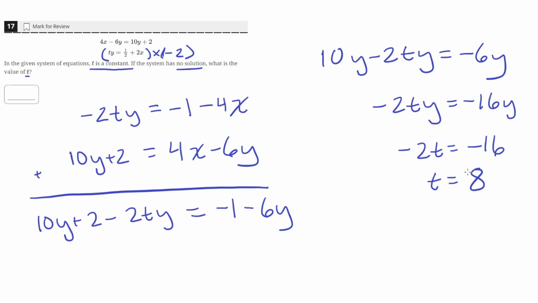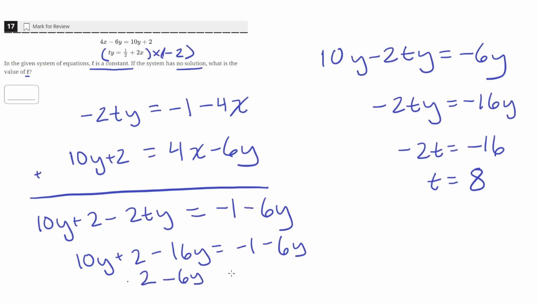So if we plug this back into our original equation here, we'll see that 10y plus 2 minus 16y equals negative 1 minus 6y. So then 10y minus 16y is equal to negative 6y, and there's a 2 here, equals negative 1 minus 6y.